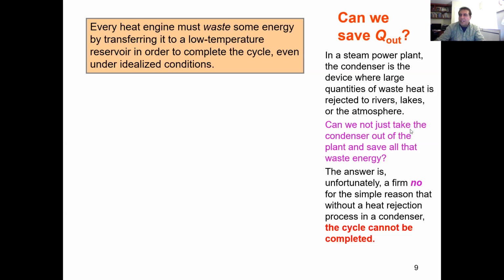Can we not just take the condenser out of the plant and save all that waste energy? This will be a question. The answer is unfortunately no, for the simple reason that without a heat rejection process in a condenser, the cycle cannot be completed. So that's why.